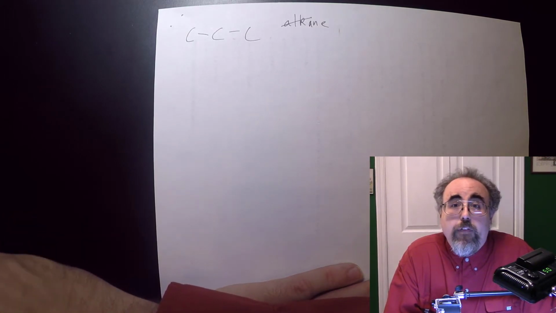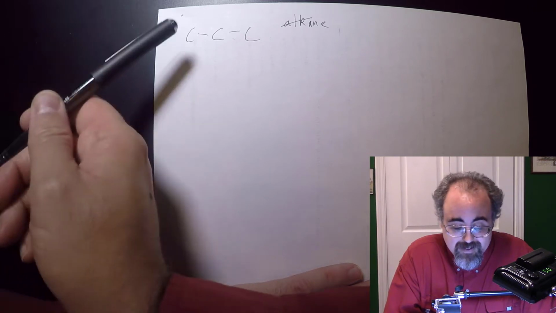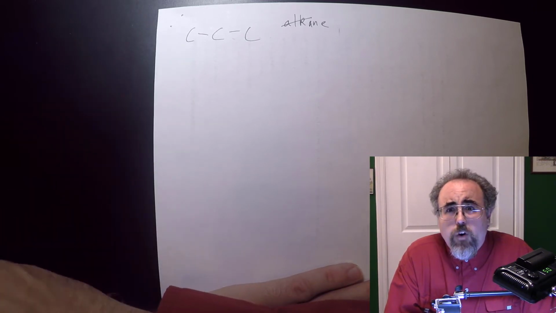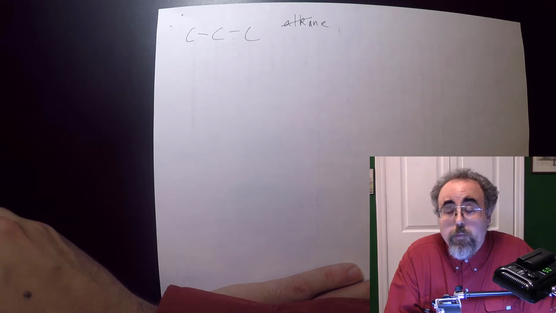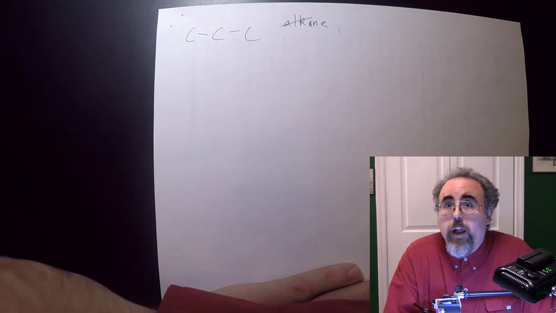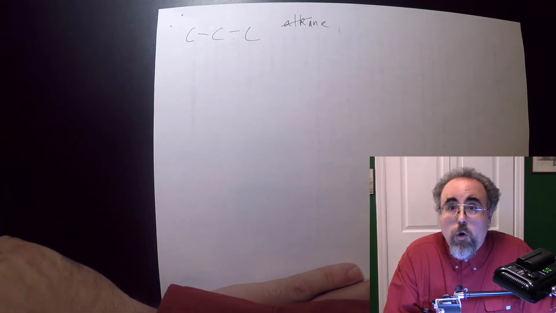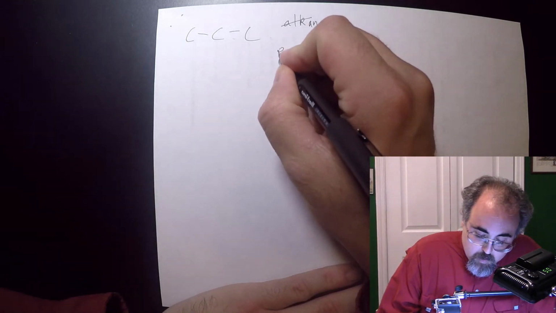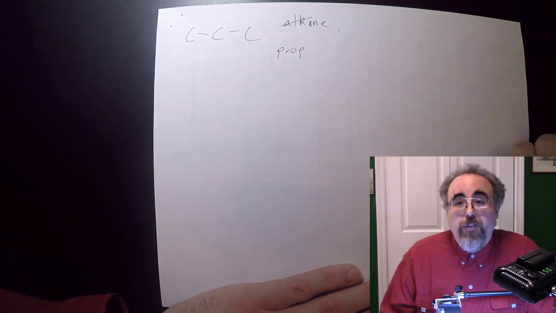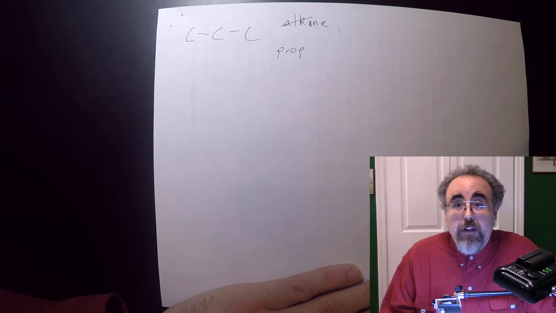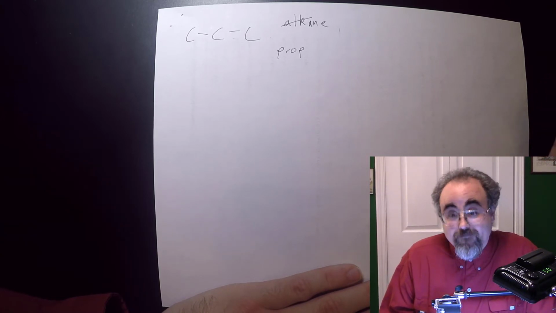For 1 through 4 carbons, for historical reasons, there are unique prefixes. Meth for 1, eth for 2, prop, which is this guy, for 3, and bute, and by the way, it's pronounced bute, even though it's spelled but, for 4.